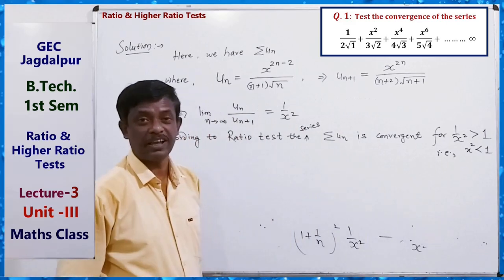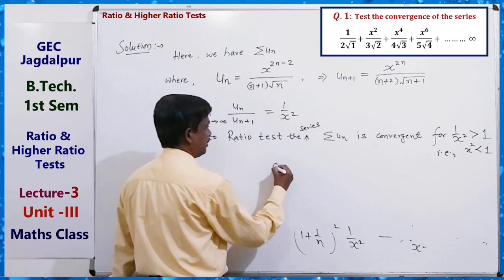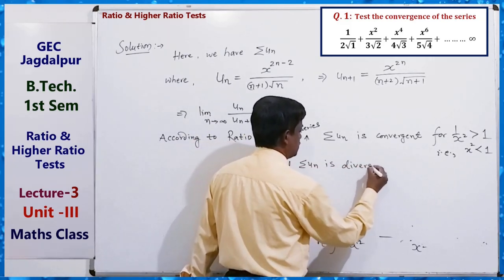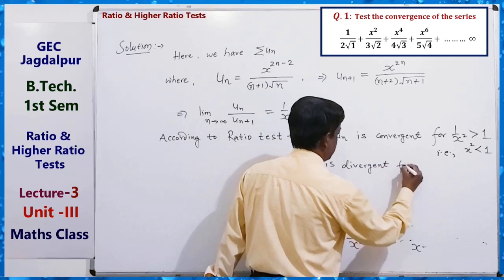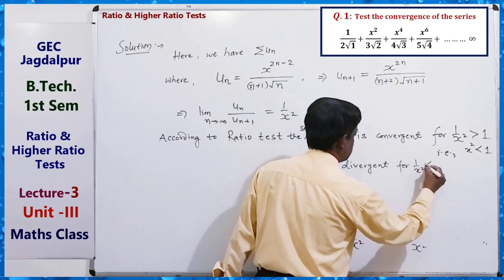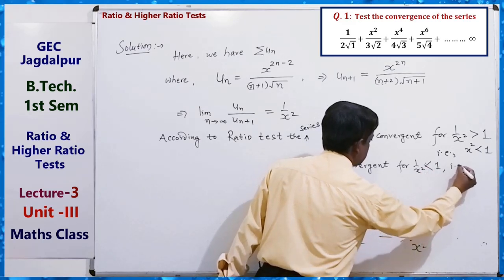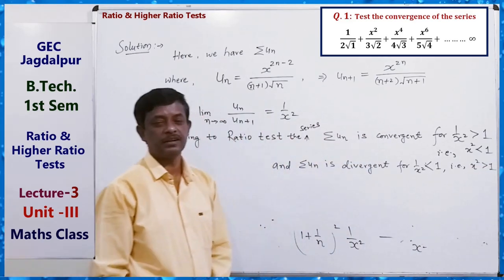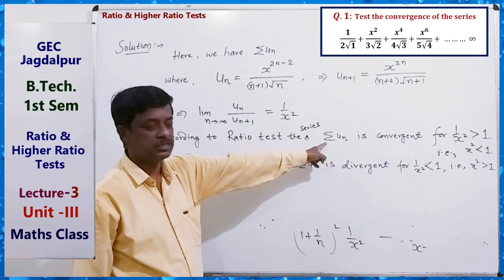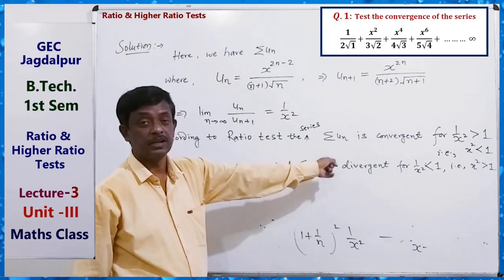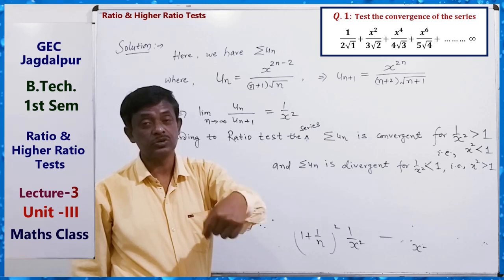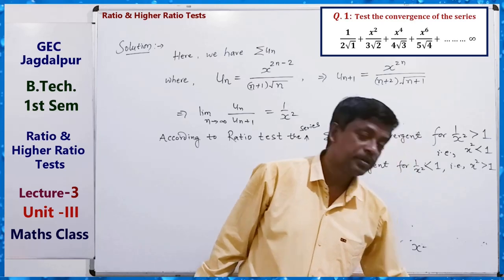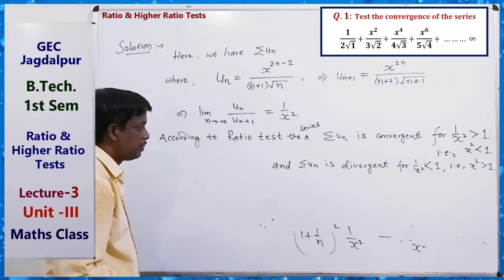It will depend on the value of x, and this is divergent for 1 by x square less than 1. That is x square greater than 1. So just we are deciding here what, x square is less than 1, then convergent, x square is greater than 1, then divergent. Now x square may be equal to 1. Here x square may be equal to what? 1. Okay?